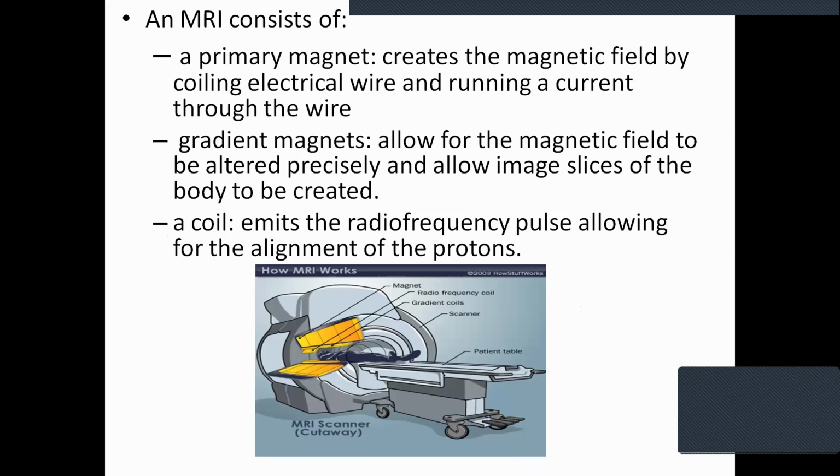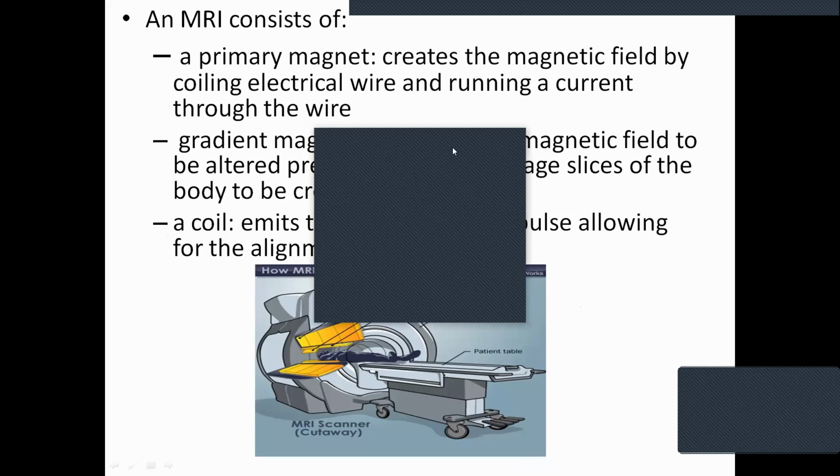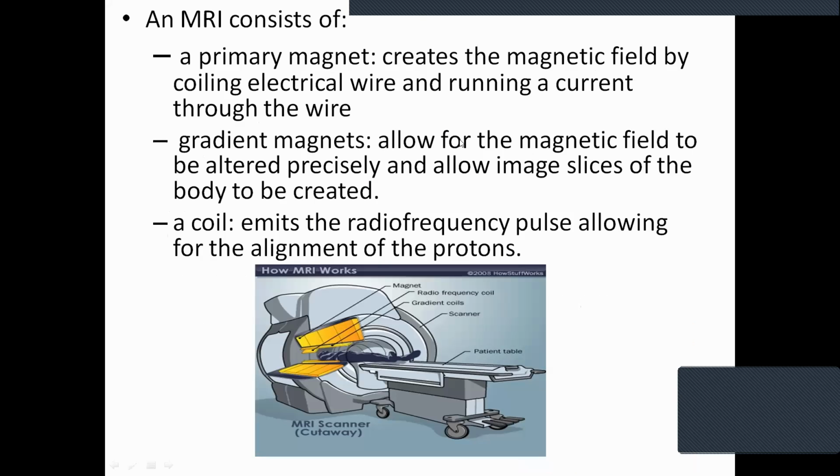So basically the MRI machine has three internal components: the primary magnet, the gradient magnet, and a coil. If RF pulses of the same frequency as the precessing nuclei are applied at right angles to the main static magnetic field, the hydrogen tissues are disturbed.